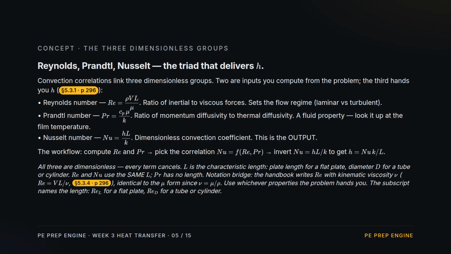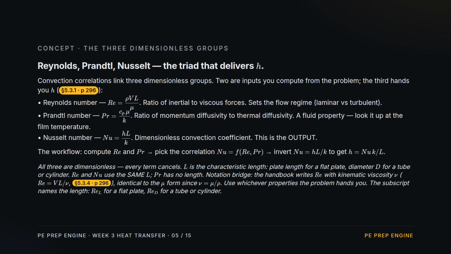Convection correlations link 3 dimensionless groups. 2 are inputs you compute. The third hands you H. Reynolds, rho VL over mu, inertial to viscous forces. It sets the regime. Prandtl, Cp mu over K, momentum to thermal diffusivity, a fluid property at the film temperature.